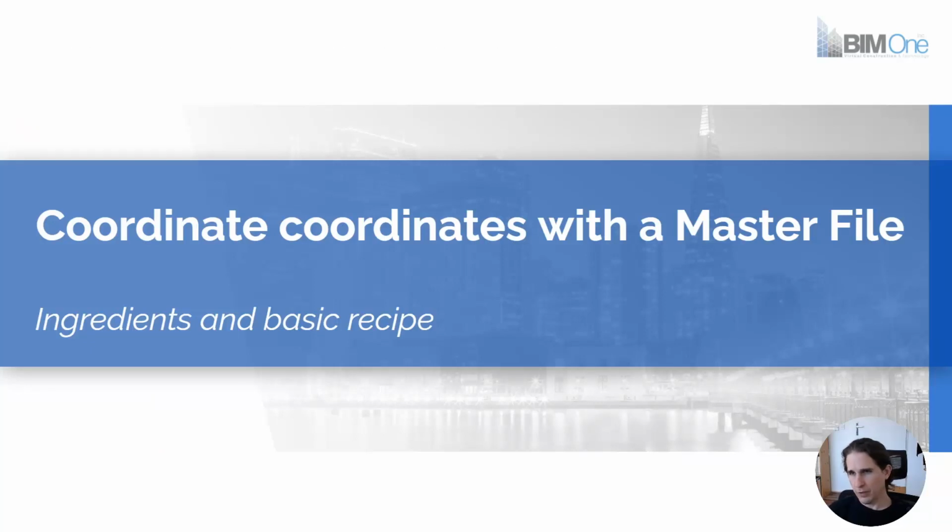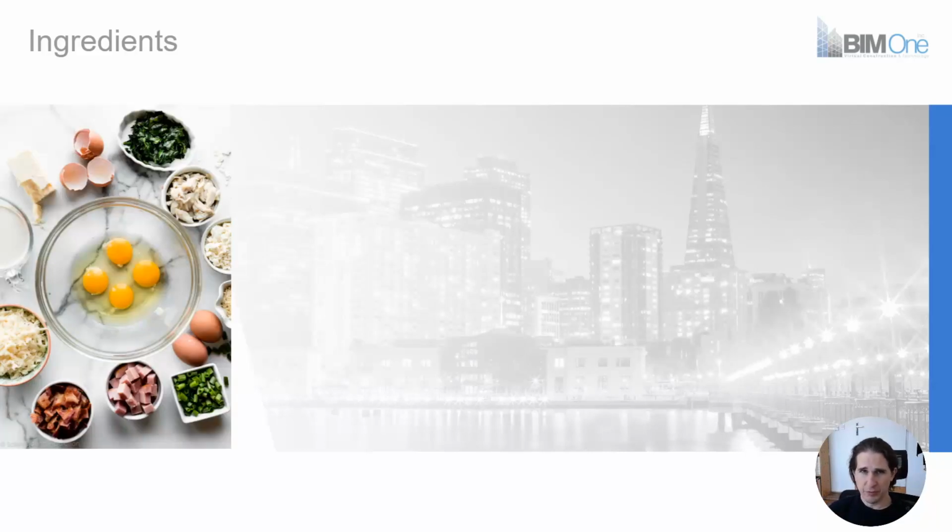So I'll give you now the ingredients and the basic recipe to coordinate coordinates with a master file. The idea is to show you a safe way to manage the position of your project.